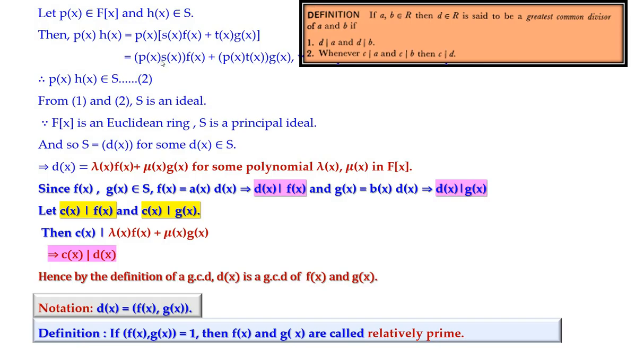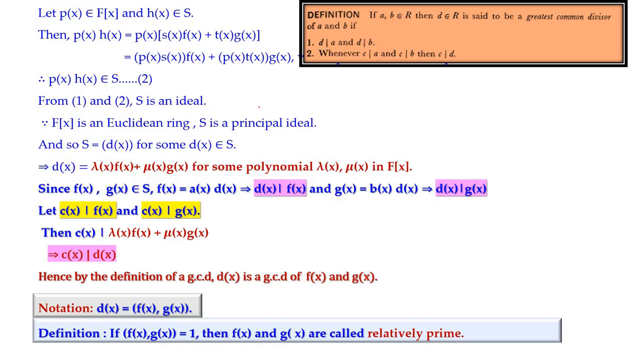You can take p(x) s(x) as say some s'(x), and this one as say some t'(x), so that it is in the required format for it to be in S. So you have p(x) h(x) in S. So from 1 and 2, S is an ideal.